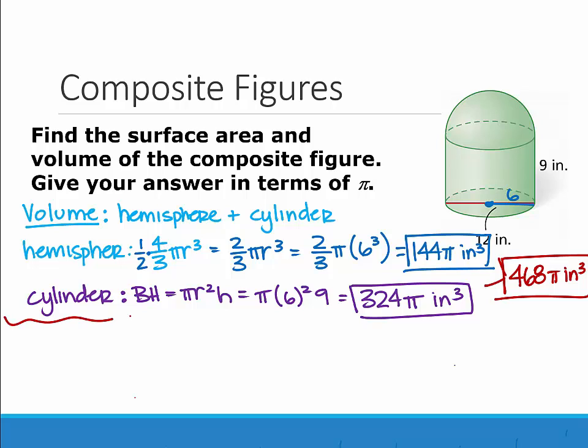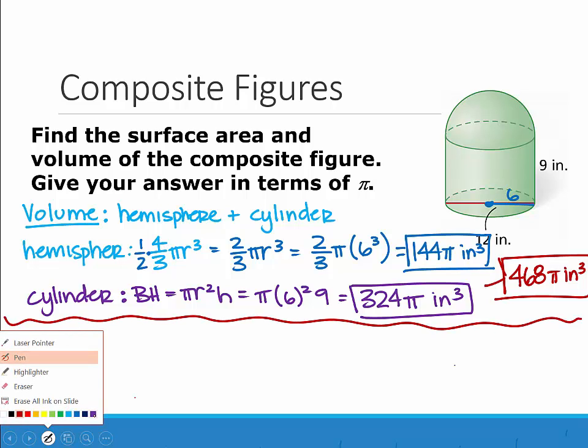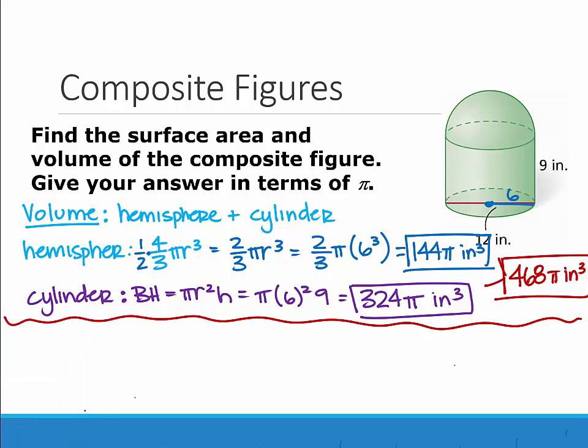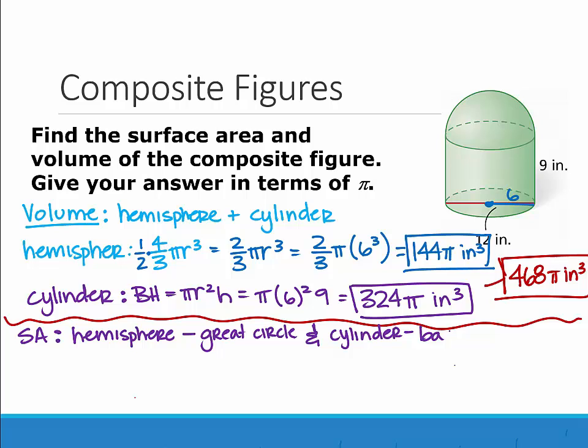Now if we want to find the surface area, we have to do some subtracting. We still have a hemisphere, but we have to subtract a great circle. And then we have a cylinder, and we have to subtract one of the bases.